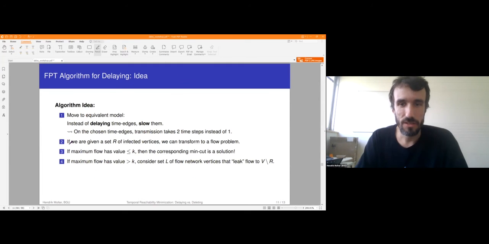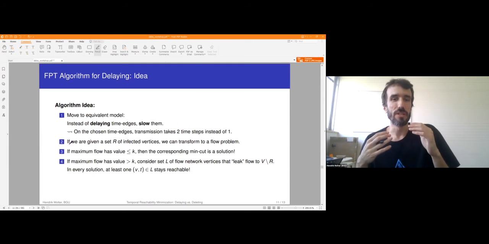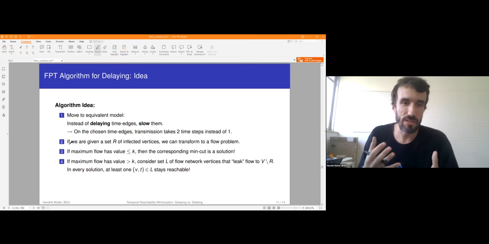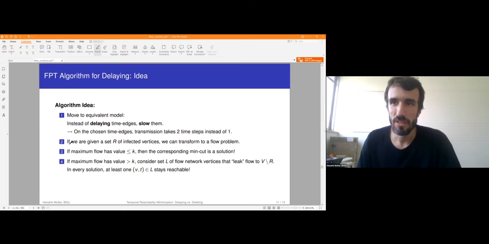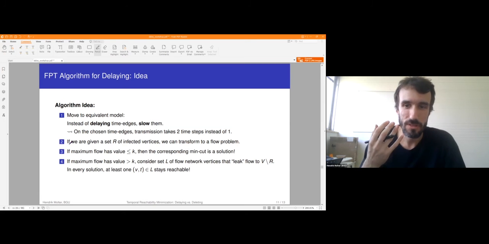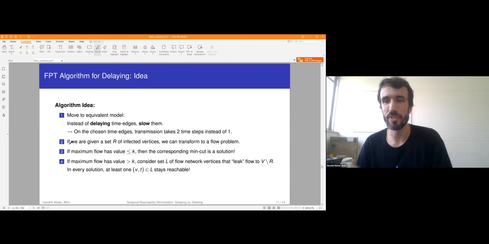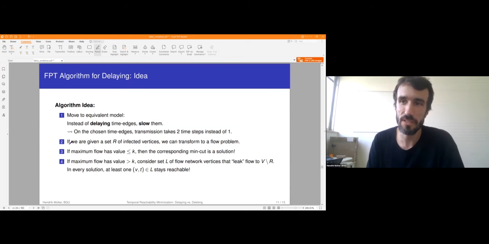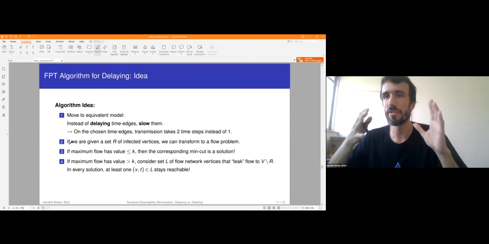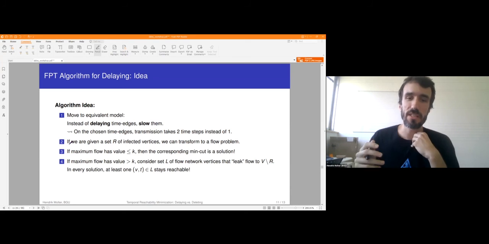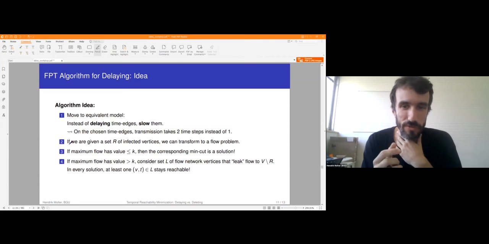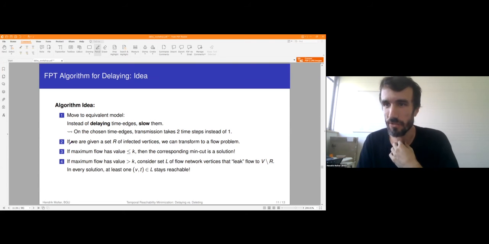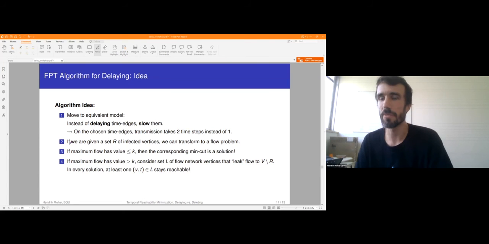And what we then do is we know that we cannot avoid, so we already know we cannot restrict the outbreak to the reachable set. So one of the leaking vertices has to stay reachable. We have to accept that.